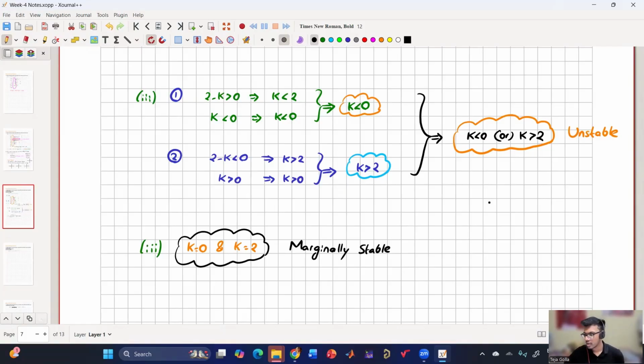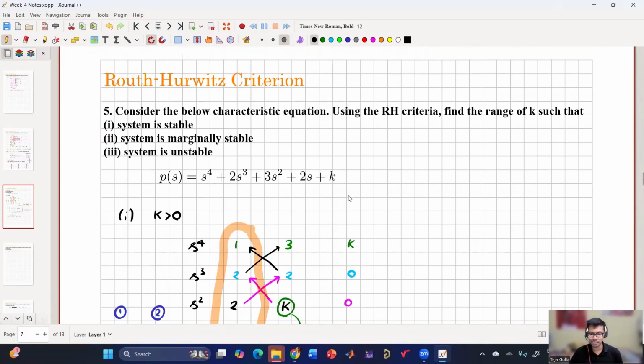Say I am given a system where I can vary one parameter, but I don't know what value of that parameter I have to select. My overall objective is to make the system stable. Using that parameter as a variable, I can calculate the characteristic equation, and from it I can get the range within which the system is stable.